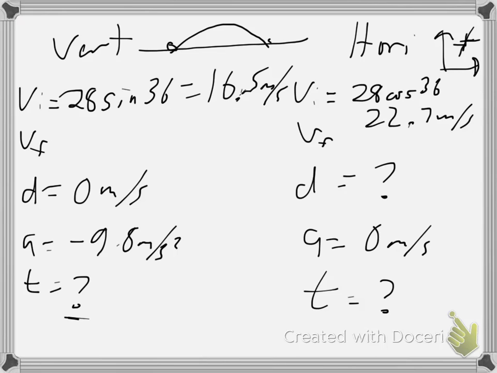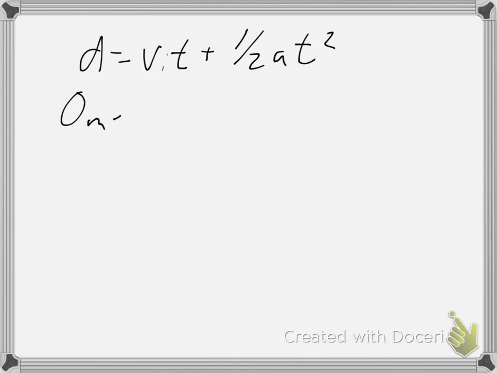So let's go and figure out what this time right here is first, so that we can figure out the distance for our horizontal velocity. Now, we have our initial velocity, our distance, and our acceleration. So we can use our formula that says d equals VIT plus 1/2 AT squared, where our distance was 0 meters. Our initial velocity was 16.5 meters per second.